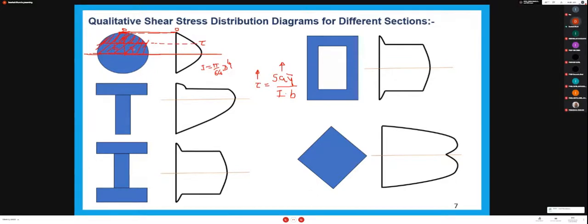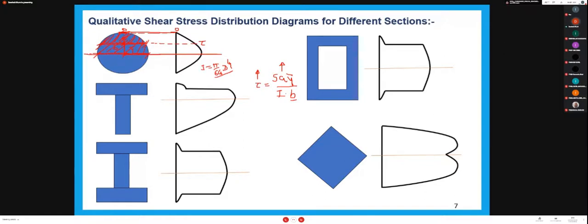Y bar is related to the area. Here the centroid of that section to the neutral axis distance is your y bar. I is again the same, pi by 64 d raised to 4, because that is considered for the whole section, and B is increased. Initially B was this, but now B becomes the diameter of that section because we have considered the neutral axis.